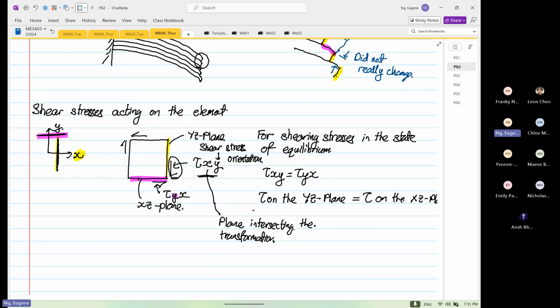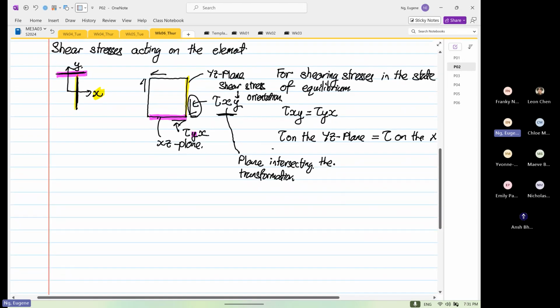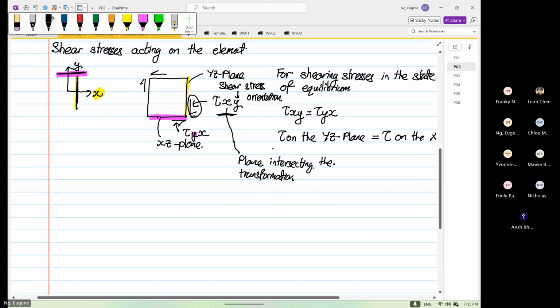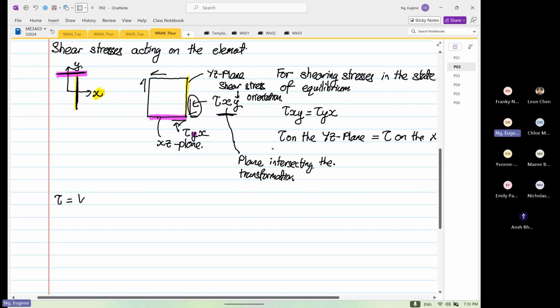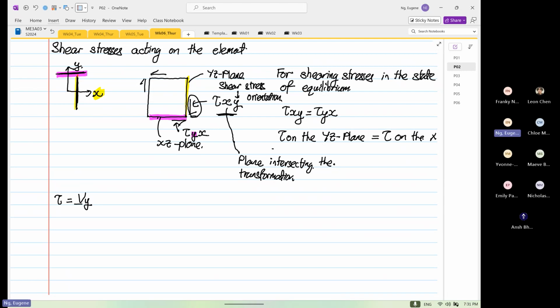Now if we look into the general formula for shear, the shear stress is equal to Vy over Izz times Qz over T. So this is the general formula, plus or minus Vz over Iyy times Qy over T.